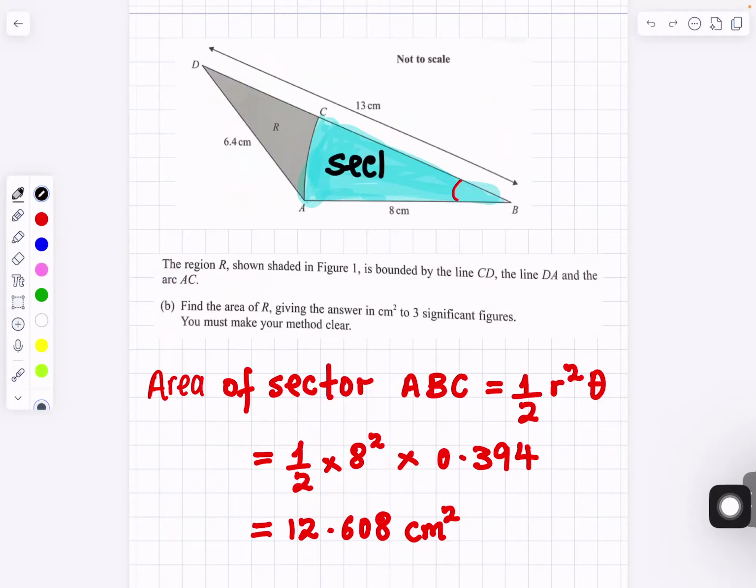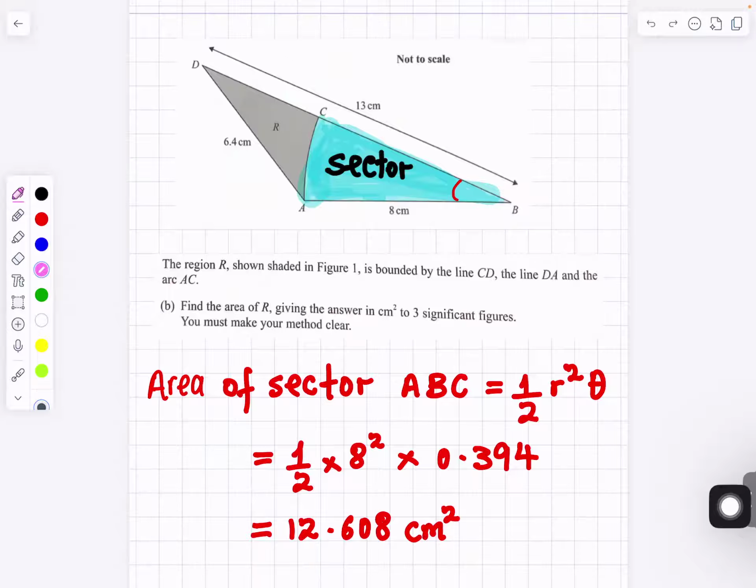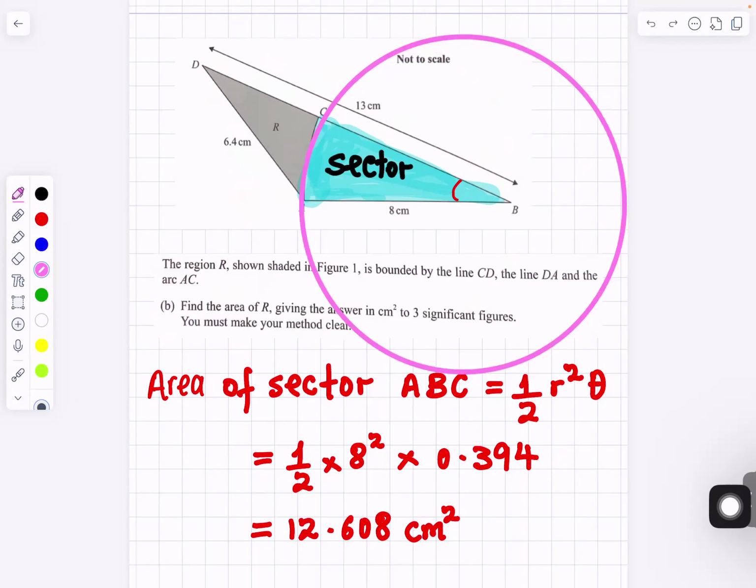The reason why it's a sector is because it's part of a circle. If I try and put a circle around it, let's try and put a circle around it in pink. I haven't done it properly in the middle, so you will not see it properly. But imagine it's a circle.